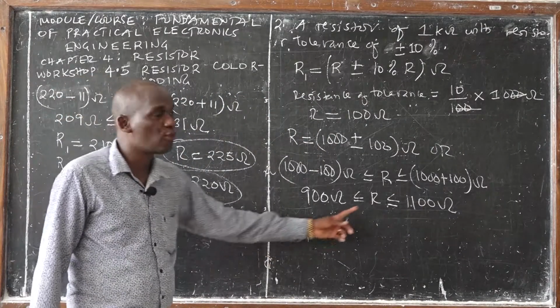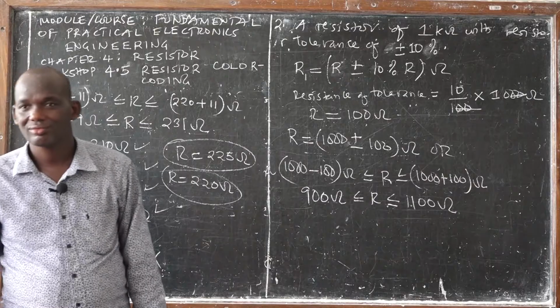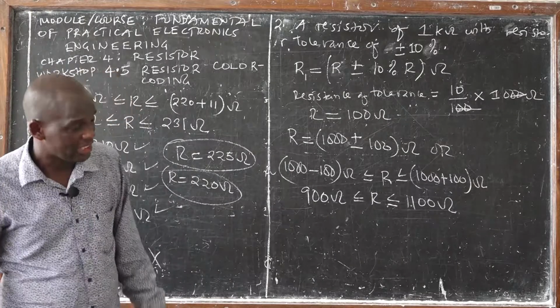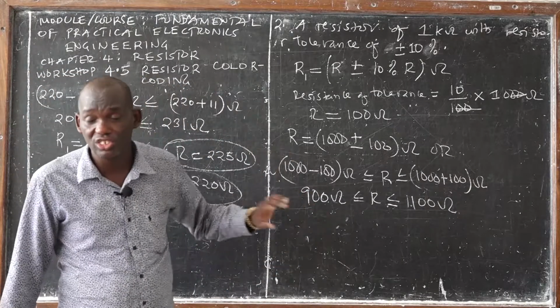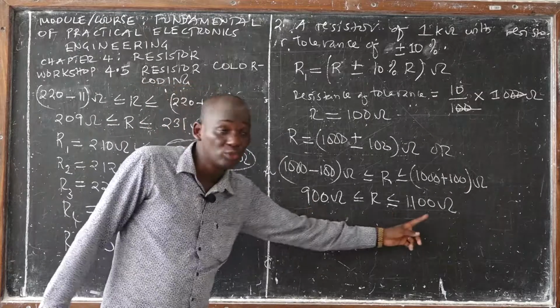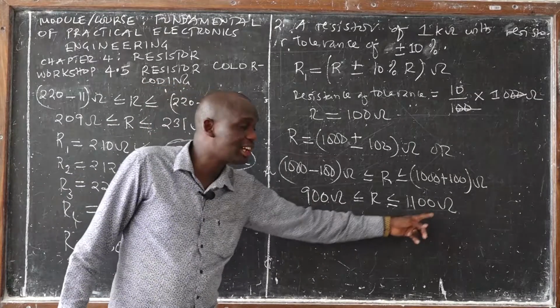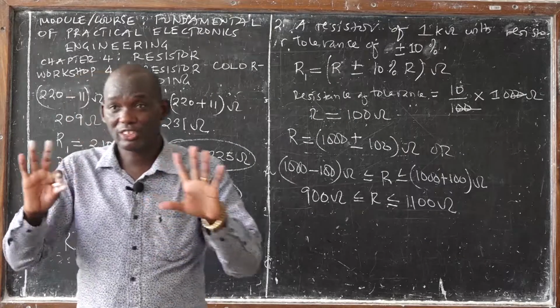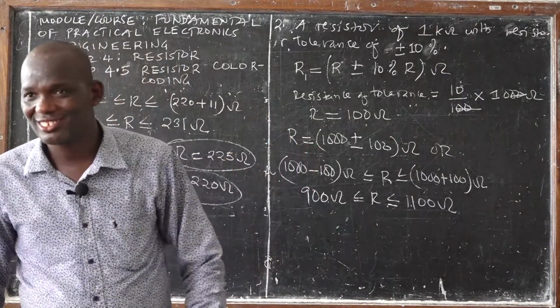So this is the range of 1 kilo ohm. Whenever you measure the resistance of the resistor and find it between 900 ohm and 1,100 ohm, your measurement is accurate.